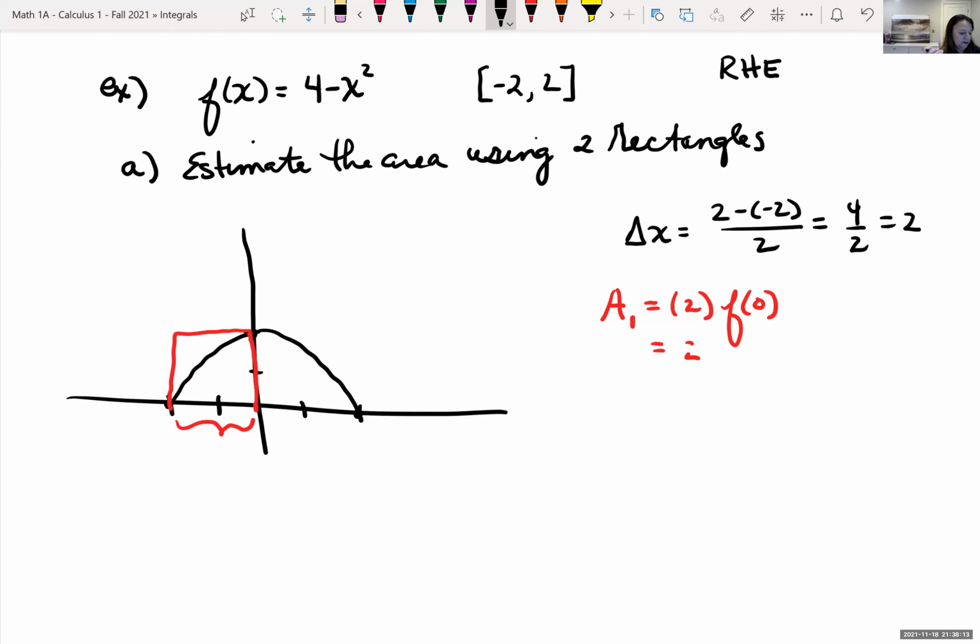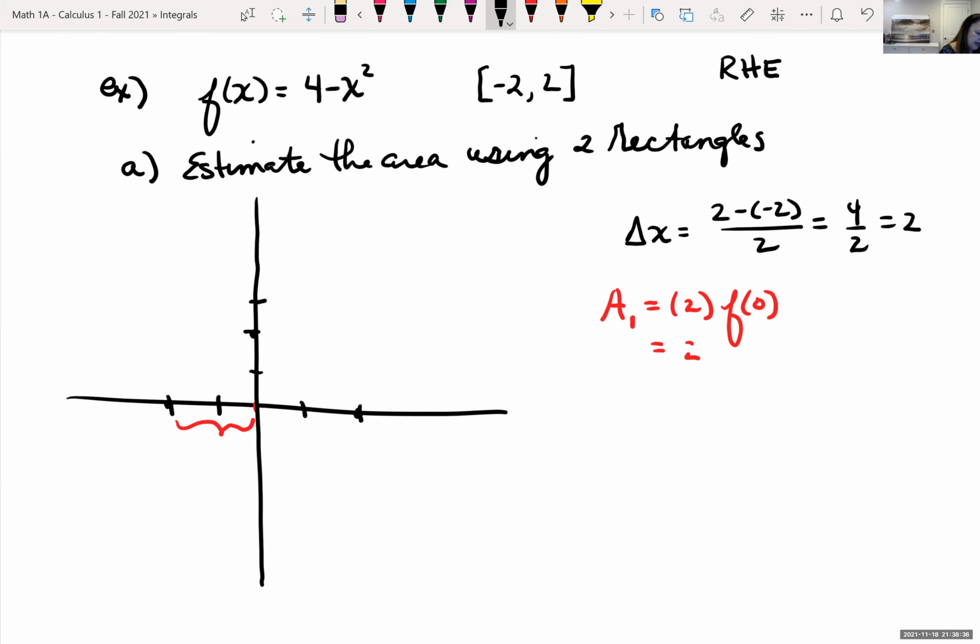I'm wrong. What was I thinking? Let's go back. This is a parabola upside down. Vertex is at 0, 4. I was thinking of the square root, y equals the square root of 4 minus x squared. We just did that earlier today.